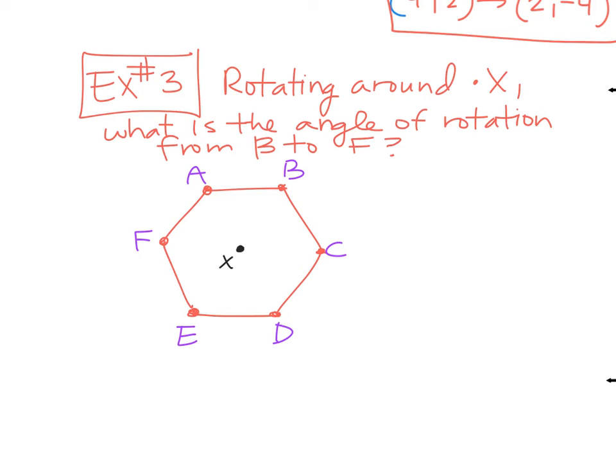So if we're rotating around that point and we're starting at B and we're going to F, first of all, what direction are you going? Counterclockwise, right? We want to go this way. So we're working our way around to here. So essentially the question they're asking you is, what is this angle?